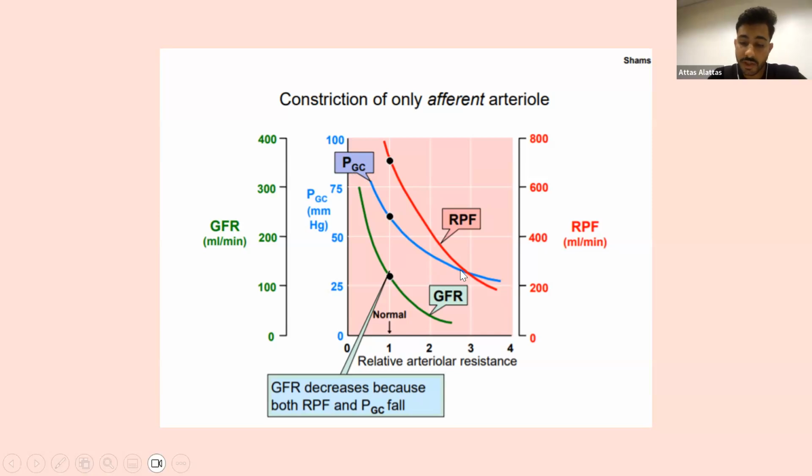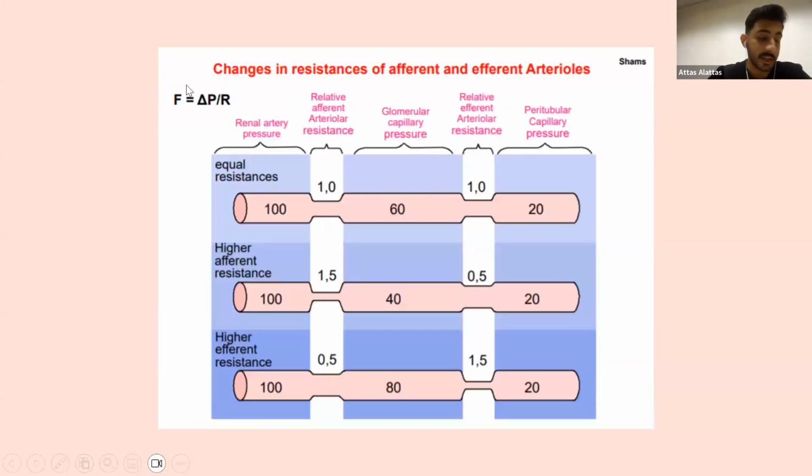Okay. What do you think will also happen to the renal plasma flow? Do you think it will increase or decrease? It will decrease. And the reason for that, in the previous slide, there's a formula here. It says flow is equal to the change in pressure divided by resistance. So now here you're increasing the resistance.